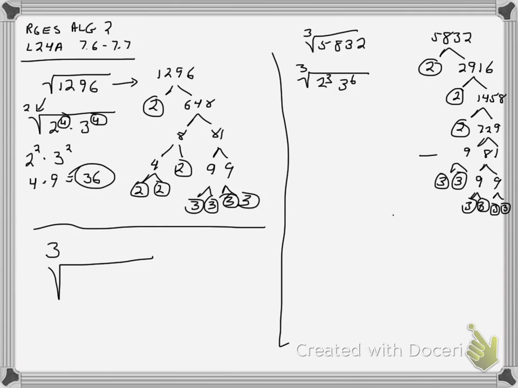So again, 3 goes into 3 one time, so I'll have a 2 out front. We're looking at exponents. 6 divided by 3 is 2 times, so this would be 3 to the 2nd power. We have no remainders when we're doing our division, so nothing will be left under the radical, and your final answer, go ahead and clean that up. 3 squared is 9, and your final answer is 18.